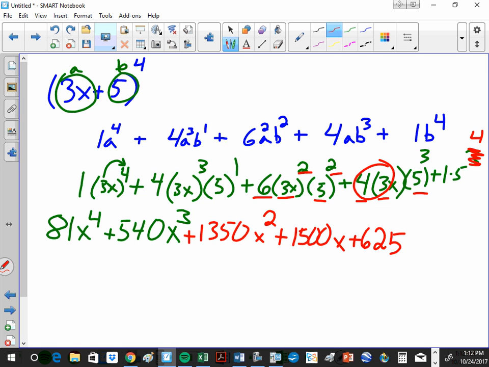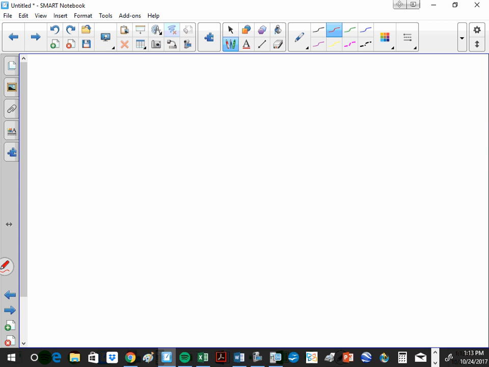If you have a plus b raised to whatever power, you can use Pascal's triangle and the pattern of a to the 4th, a to the 3rd times b, a squared times b squared, and so on, and then you can skip straight to the answer. Okay, so let's try this. 2x minus 3y to the 5th.